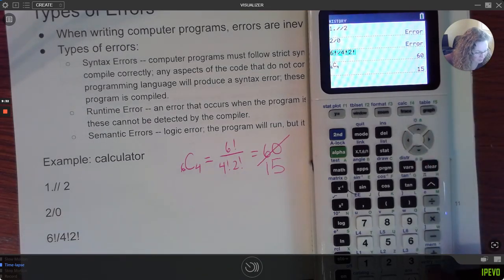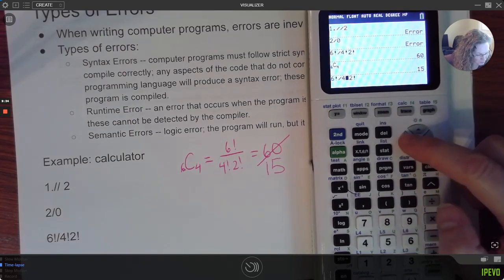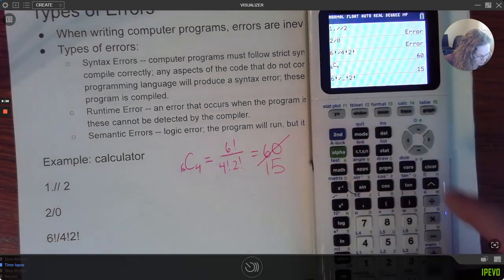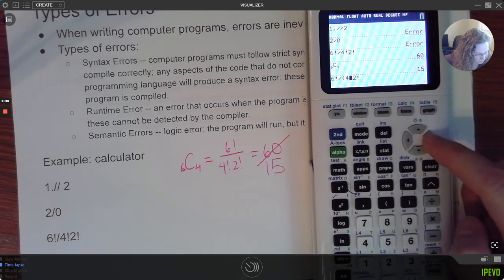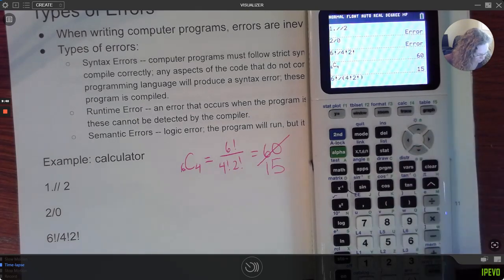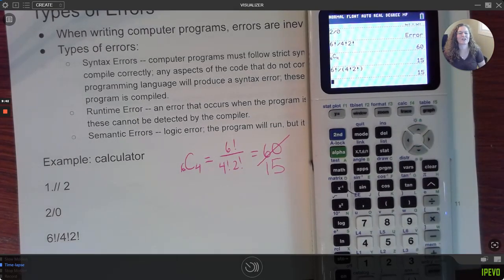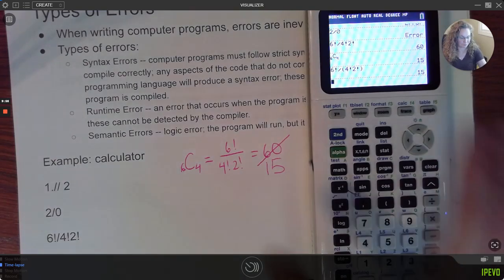If I insert some parentheses here, then I would get the correct answer, 6 factorial divided by, to make sure that the multiplication is done before the division. That's an example of a semantic error, and you may have made semantic errors with your calculator before.